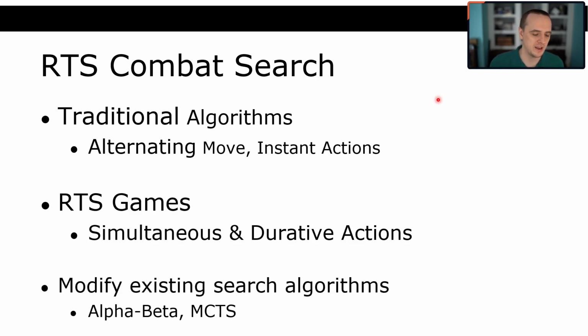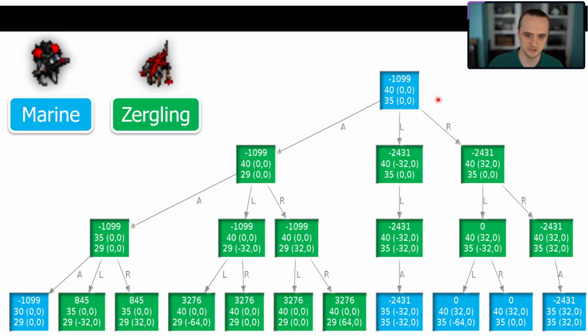So I had to modify existing algorithms, alpha beta and Monte Carlo tree search, so that they took into account simultaneous moves and actions with durations. So what you end up seeing, unlike Minimax or alpha beta search, is that in StarCraft search, you can have units acting multiple times in a row before the other unit gets to act.